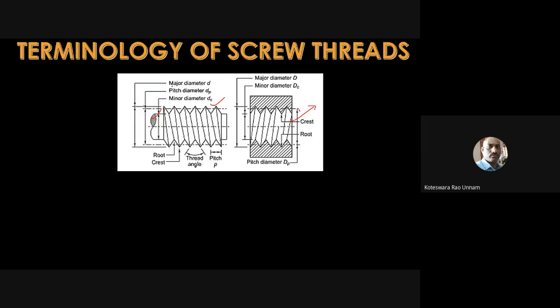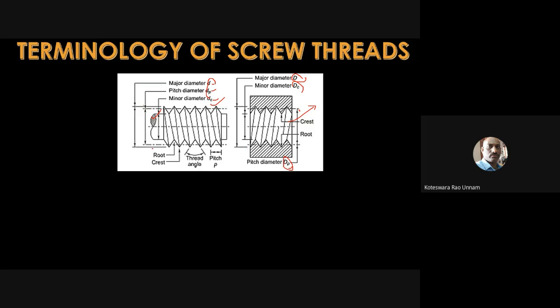Now, if you see the terminology here, small d is used for the bolt: small d, small dp, small dc, like that. Small letters are used for external threads. If we take an internal thread like the nut, you can see the notations are capital D, capital DC, and similarly capital DP.